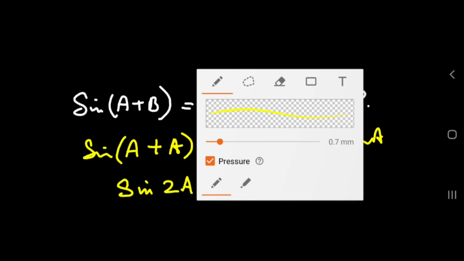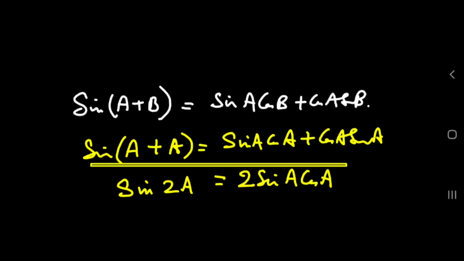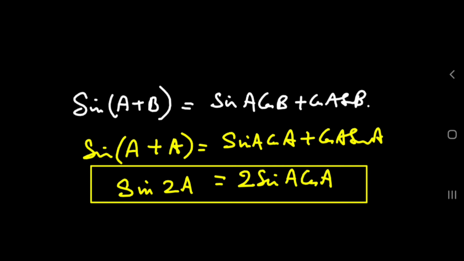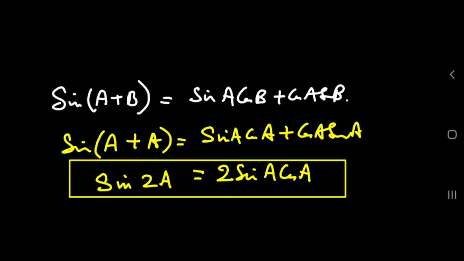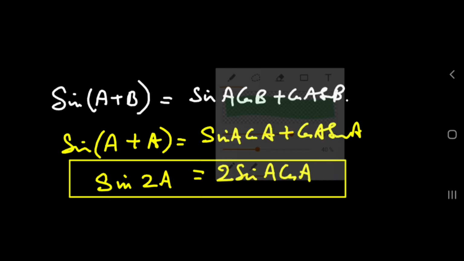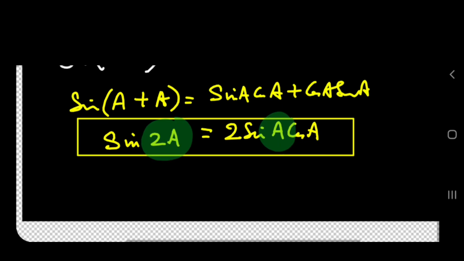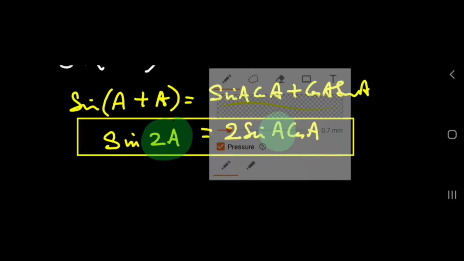So we get a formula and it is actually the multiple form. Multiple, why? This portion is 2A and this is A, so the multiple of A is 2A. This is how the word has come. So we'll see all the multiple forms.